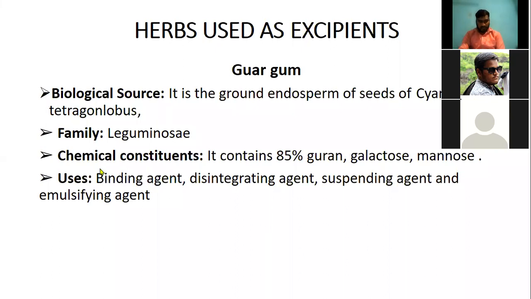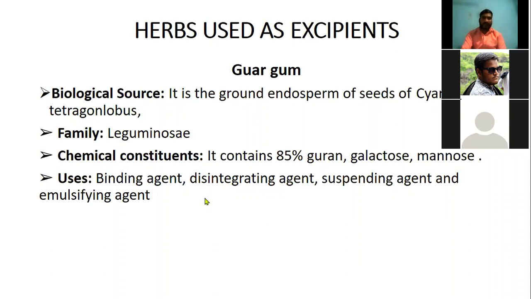You know very well about binding and disintegrants, for dissolution, the first step, the breakdown of any material or tablets. Then it is also a suspending agent and emulsifying agent. So this is the example.